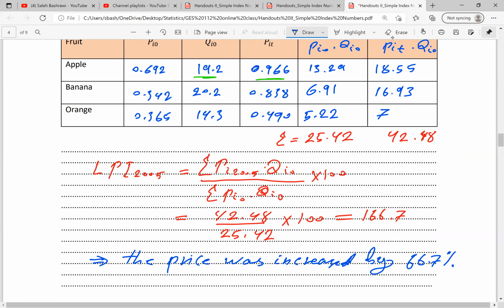This is the Laspeyres index number, or the Laspeyres price index number.